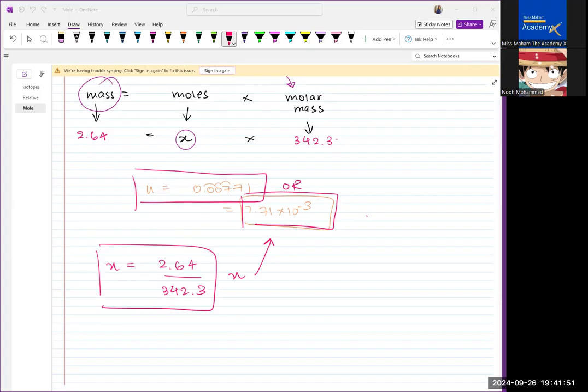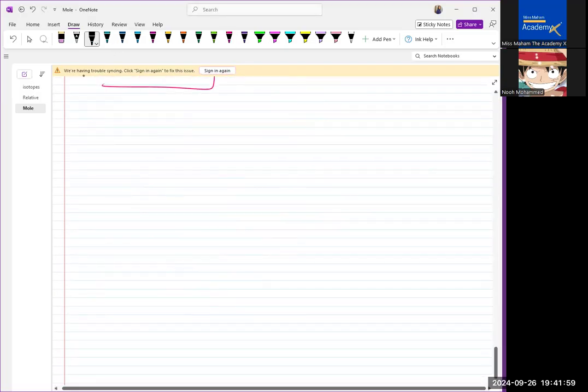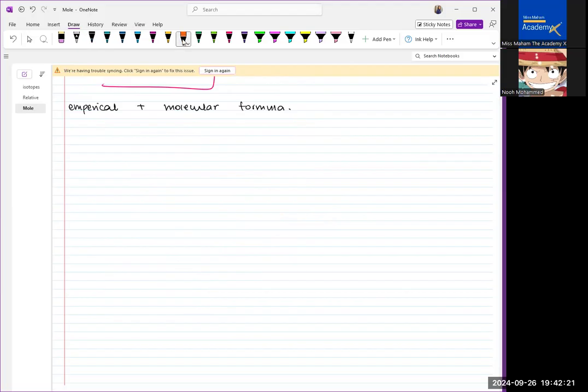Clear to here? Okay. Now we're moving on to empirical formula and molecular formula. In chemistry you have two types of formulas: one is empirical and one is molecular.